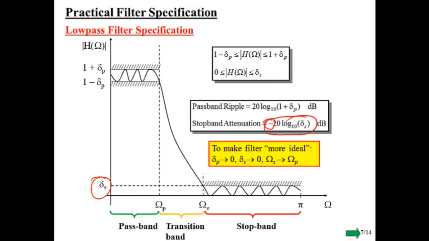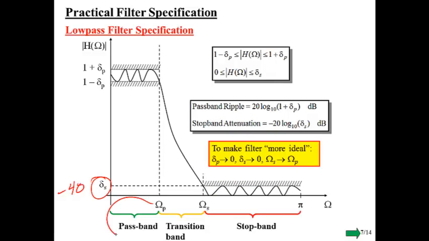When we take the log of that, we get a negative value. Since we're calling this our stop band attenuation, we put a negative sign there to convert it into a positive number, so that if this level here is minus 40, we would be saying that we have 40 dB of attenuation. So it's just a matter of semantics, really. We would be saying we have minus 40 dB gain in our stop band, but 40 dB of attenuation.